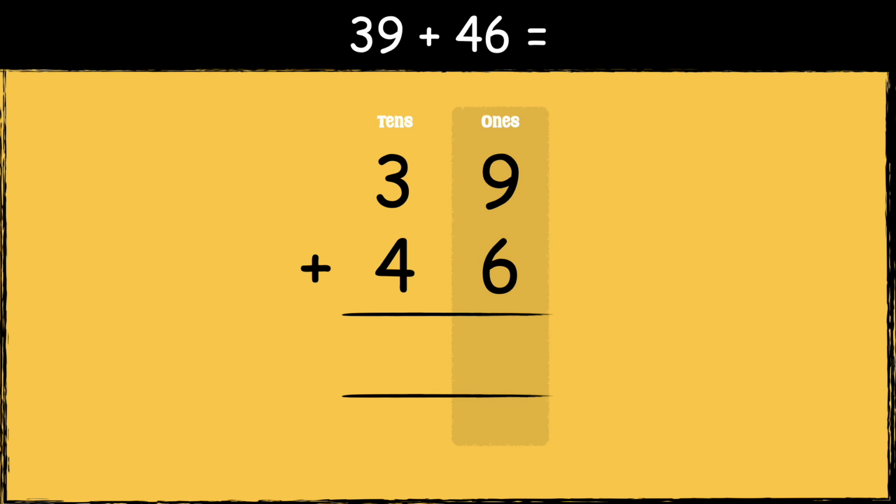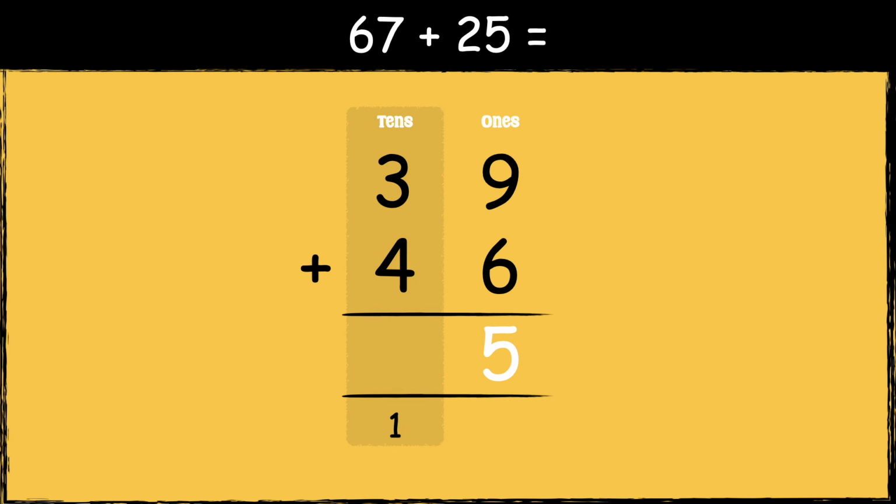So we start with the ones. 9 add 6 equals 15. We carry the 10 below in the tens column. Now we need to add the digits in the tens column. 3 add 4 add 1 equals 8. So the answer is 85.